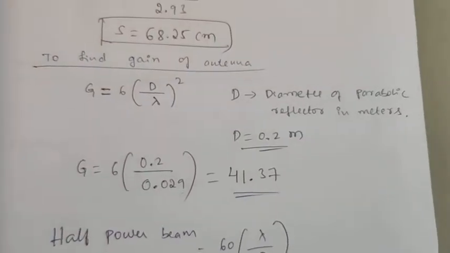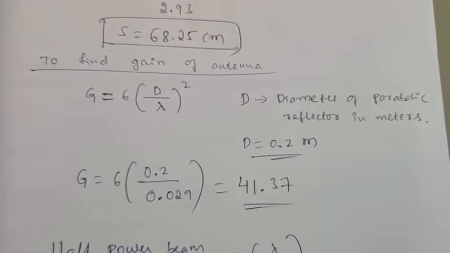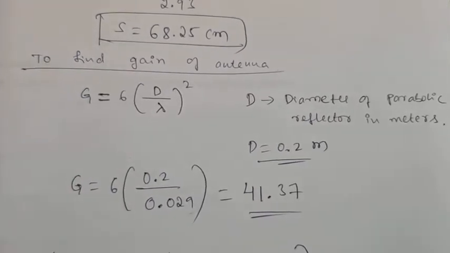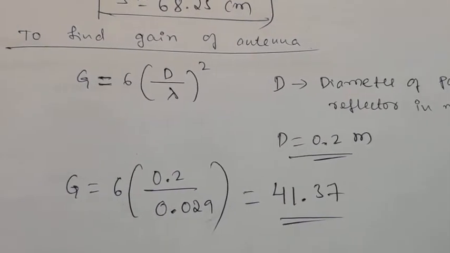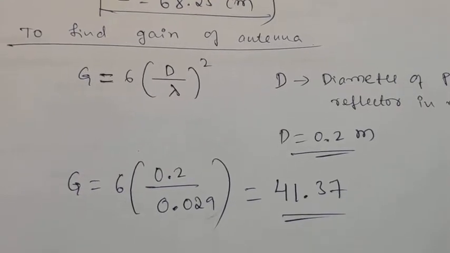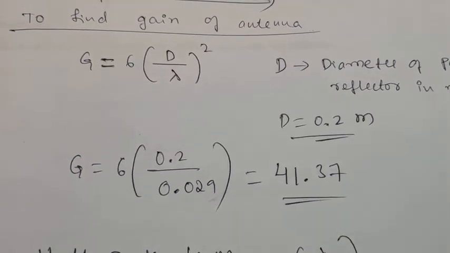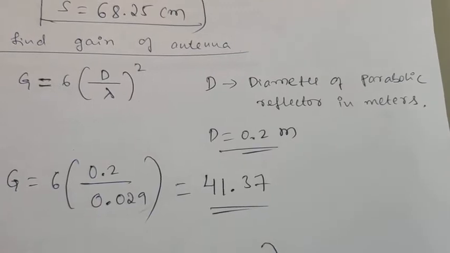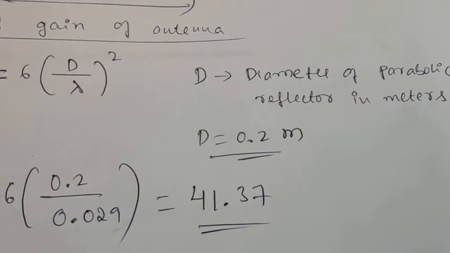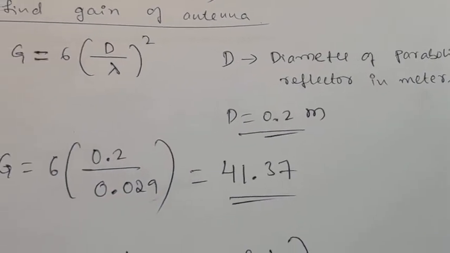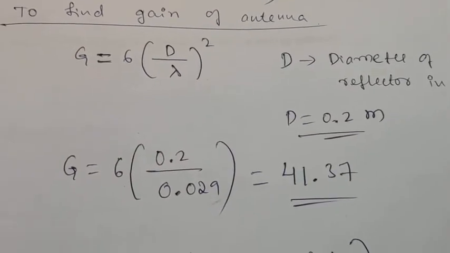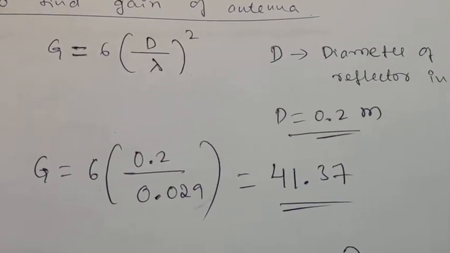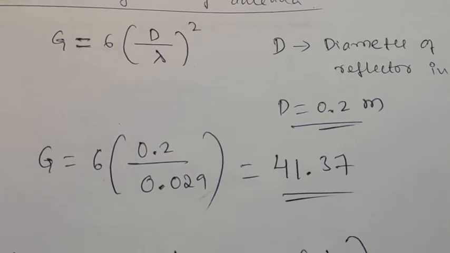After plotting the radiation pattern, we need to find the gain of the antenna. The gain is given by 6d by lambda whole square, where d is the diameter of the parabolic antenna, 20 centimeter, which is 0.2 meter. The gain is 41.37 from the calculations.